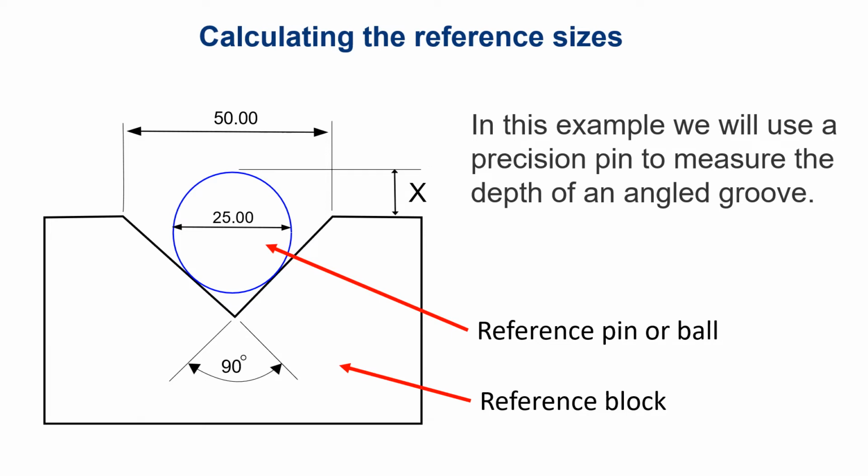I need to calculate what X should be, and I'll use a depth gauge or a height gauge to measure from the top of the V block to the top of the ball or cylinder. The following example is for demonstration purposes only and not expected to memorize all the steps, as these skills will come by practice and repetition.